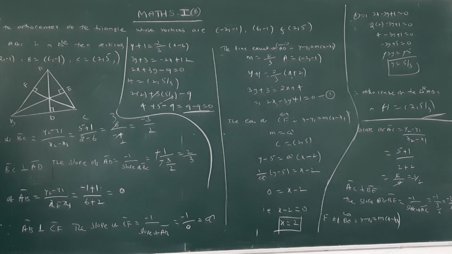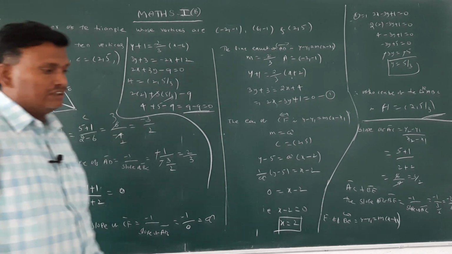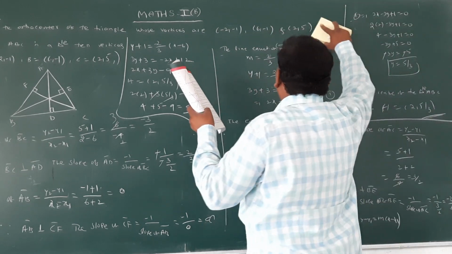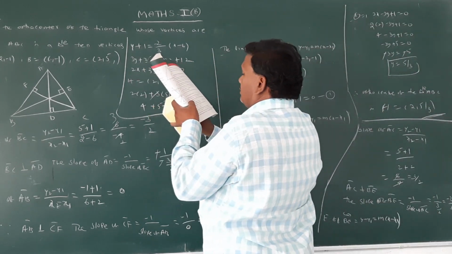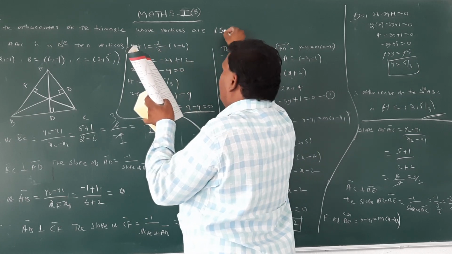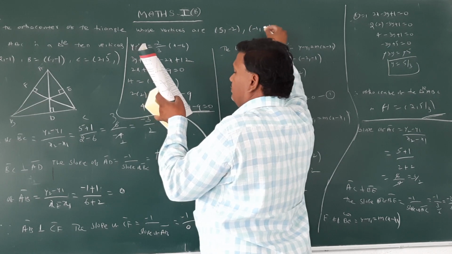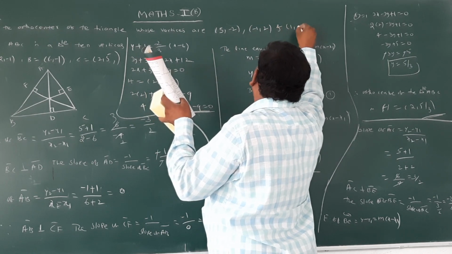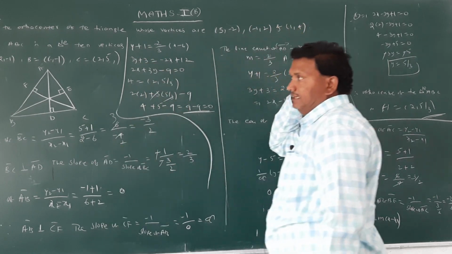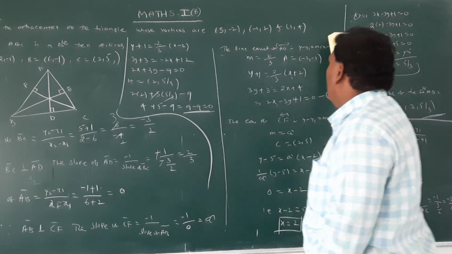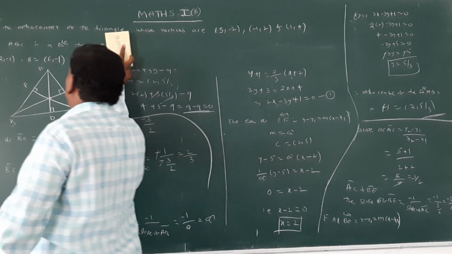Next homework. What is the next homework? Find the orthocenter of the triangle with vertices (5, minus 2), (minus 1, 2) and (1, 4).